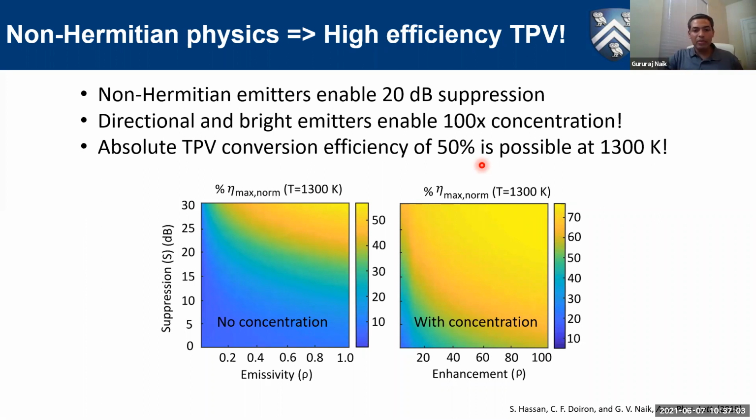We are currently building one such TPV system to measure the efficiency of a non-Hermitian thermal emitter. In conclusion, what non-Hermitian physics gives us is an imaginary axis to nanophotonics. That's what I think of non-Hermitian physics for nanophotonics.